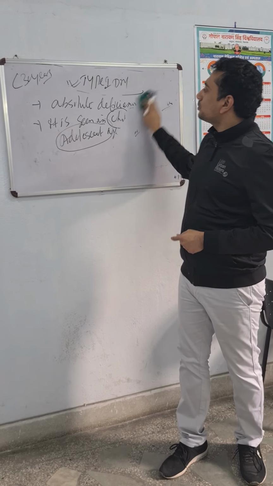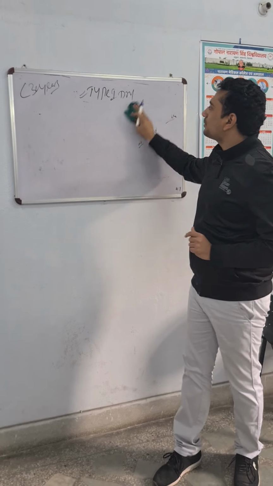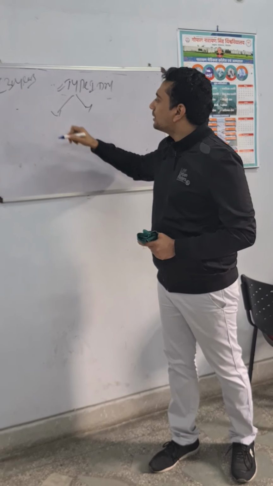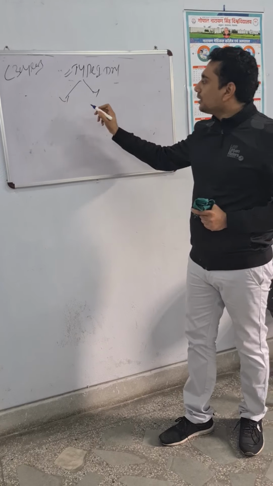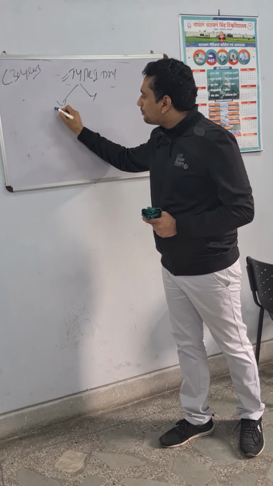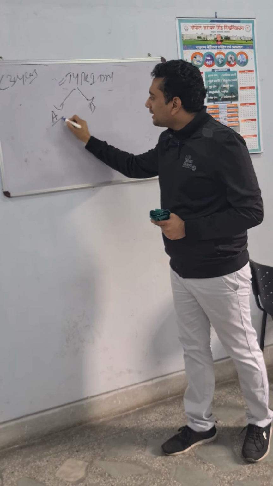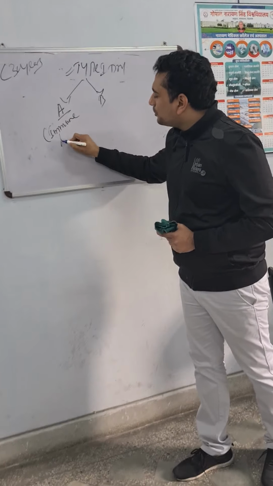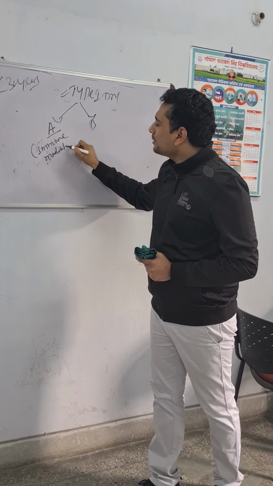Coming to the next part, classification. There is a small classification of type 1 diabetes mellitus. There are two types, type 1A and type 1B. Type 1A is immune mediated, so there is immune mediated damage to the beta cells of the pancreas.